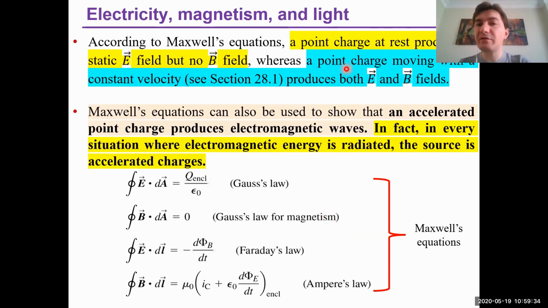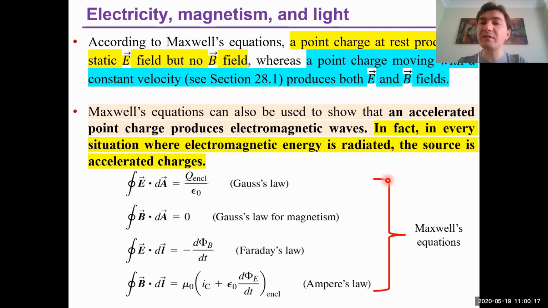Now, let's consider that this point charge is moving with a constant velocity, okay? Movement of the charges means that there is a current. If you have moving charges, it means that you have current.